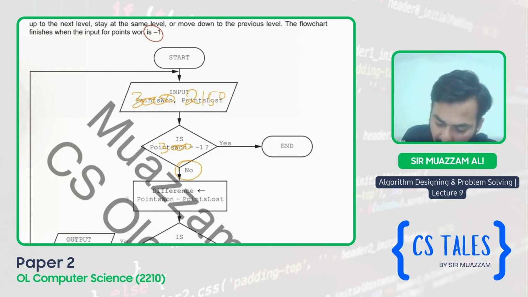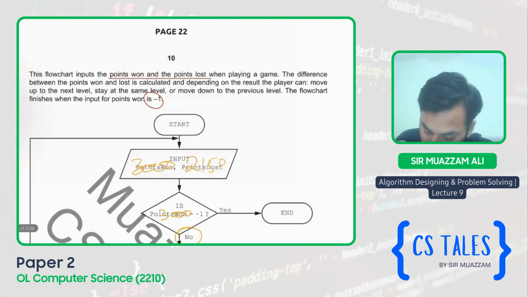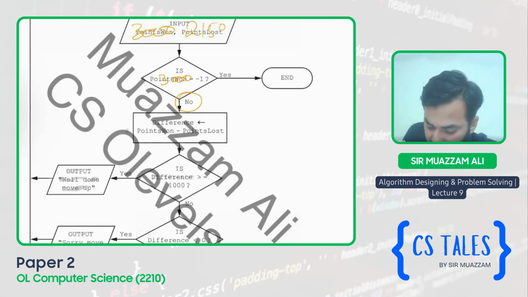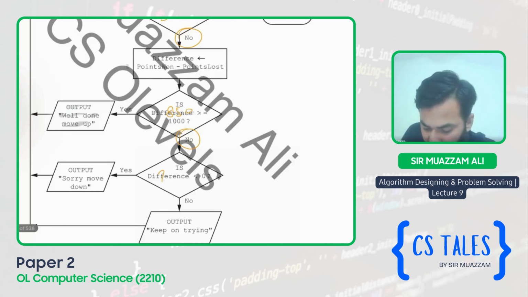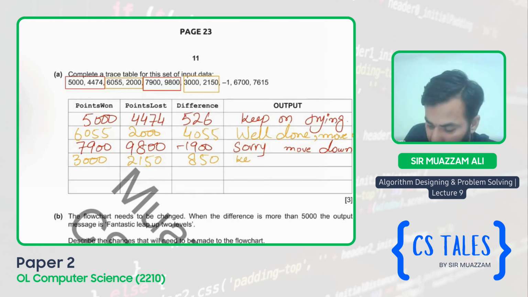No. So we write down the difference. What will be the difference? 850. So is 850 greater than 1,000? No. Is 850 less than 0? No. So what will be the output? Keep on trying.